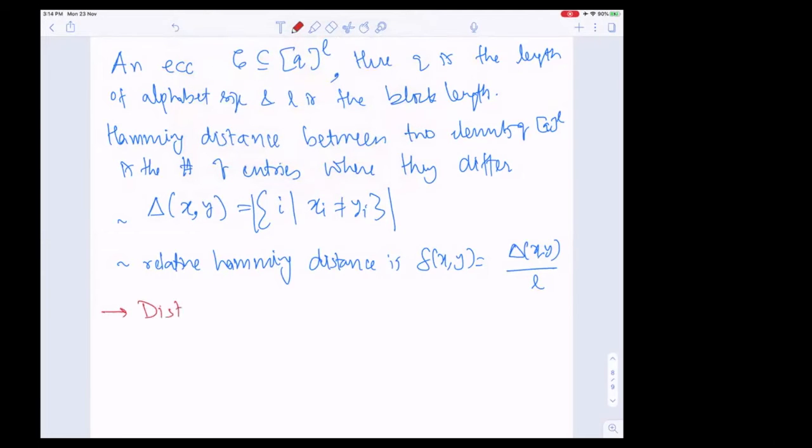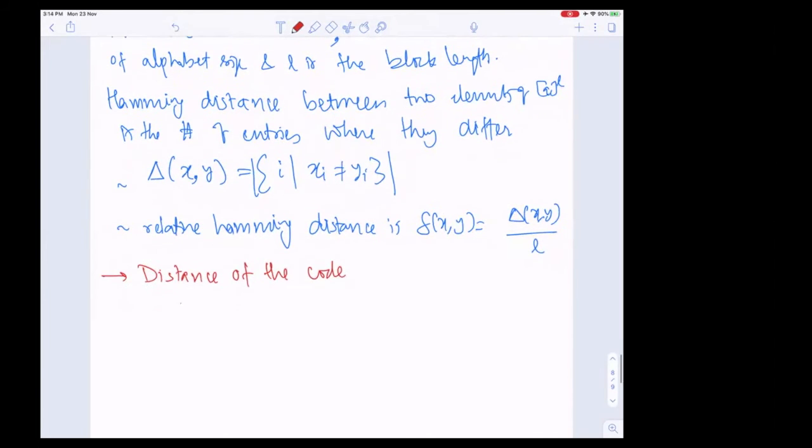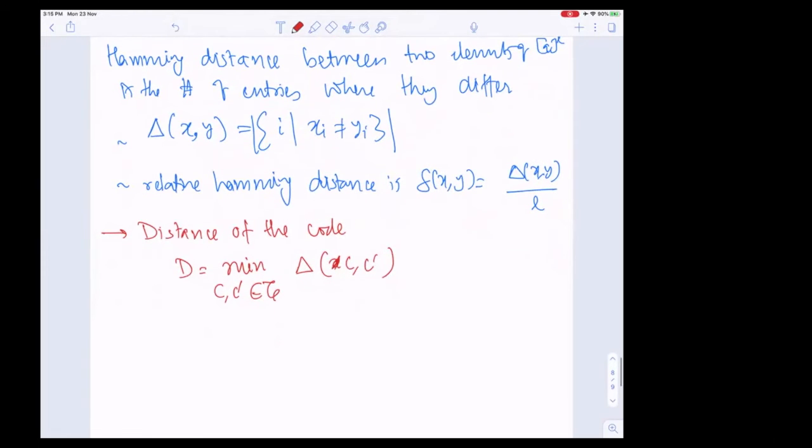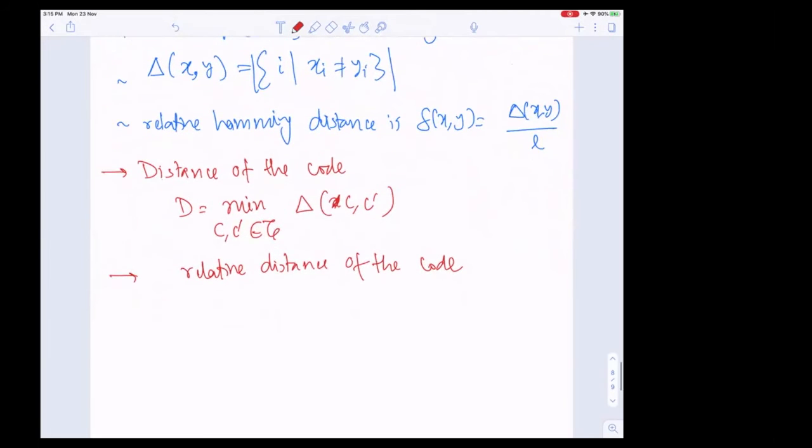Something called the distance of the code, which is the minimum over c, c prime in C. And another thing is the relative distance of the code, which is basically d over L.